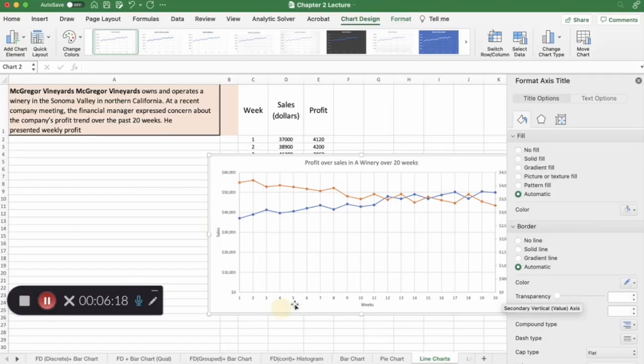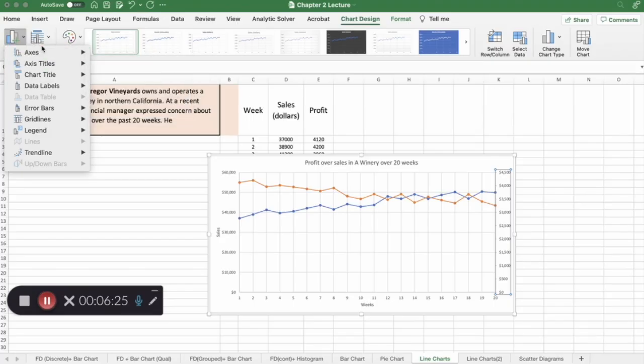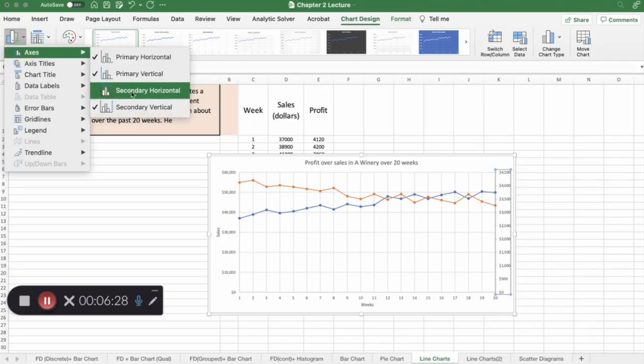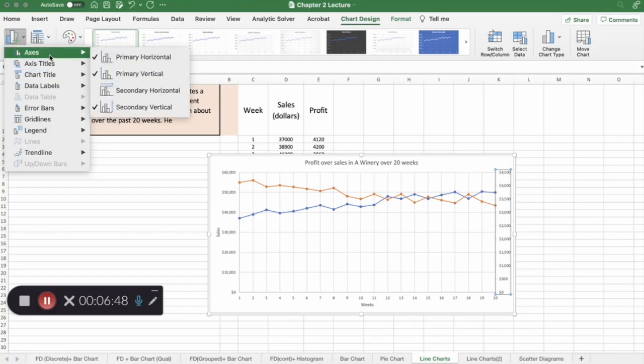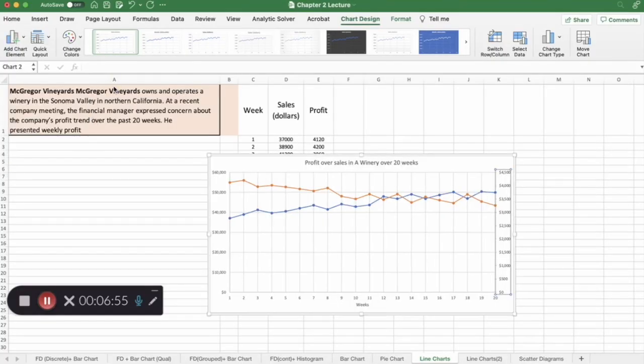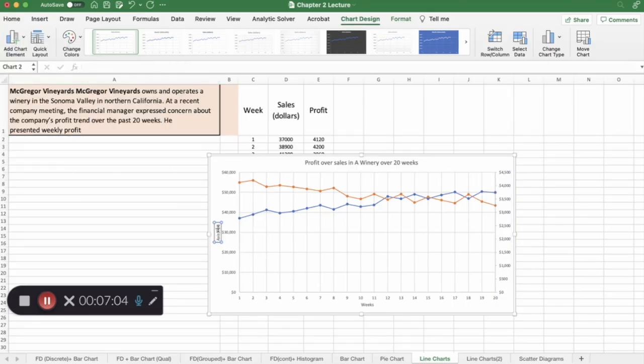Sales. We need a secondary axis title. Where is it? Secondary vertical label. Where is it? It should be somewhere. Secondary vertical is there already. Titles. No. I don't know where it is. Primary vertical. So this is sales.